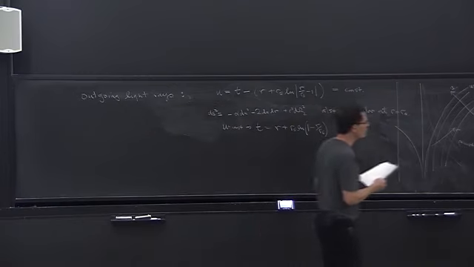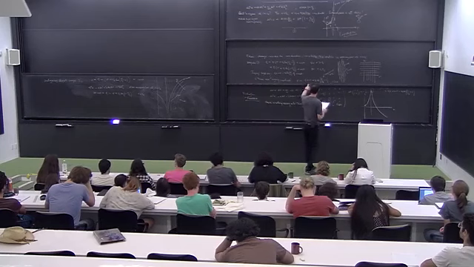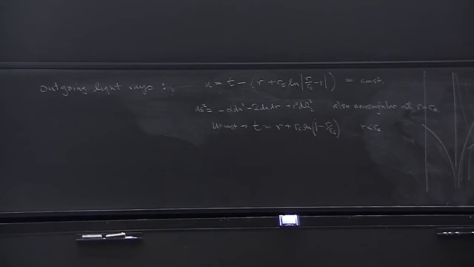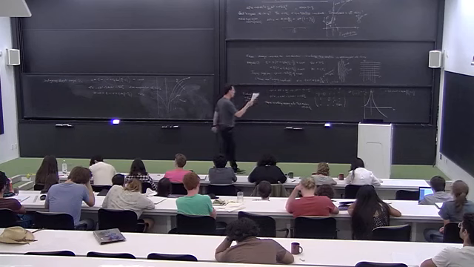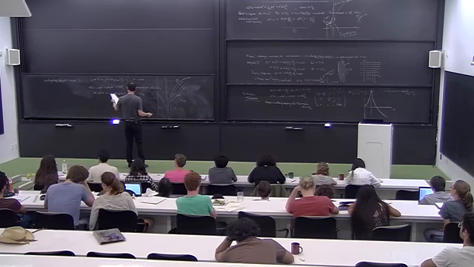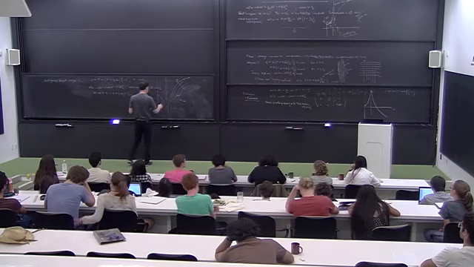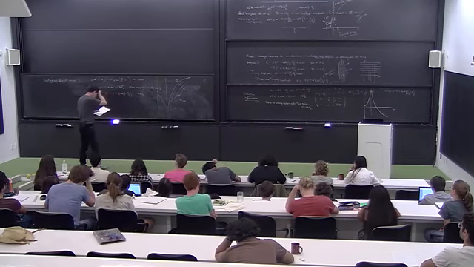Just a little confused. This is t goes like minus r. And so this is t going like, okay, wait a second. Just getting myself confused.